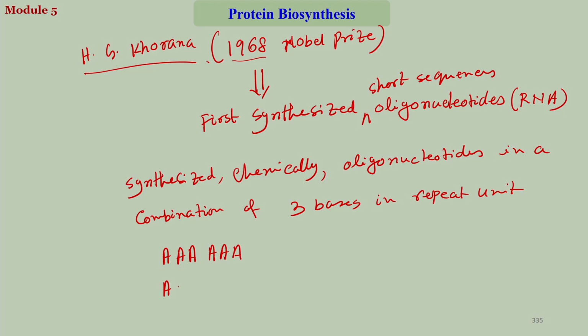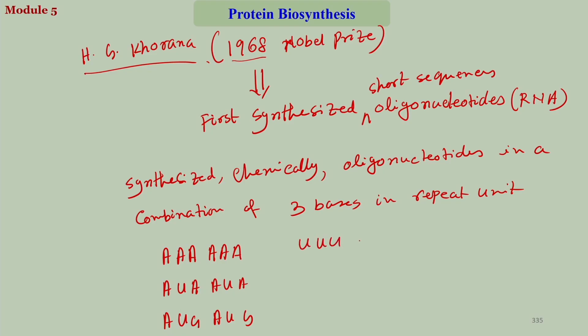For example, UAUA, and then AUA. So, this is one RNA, this is another RNA, and maybe AUG and similarly AUG. So, you already have 9 combinations.